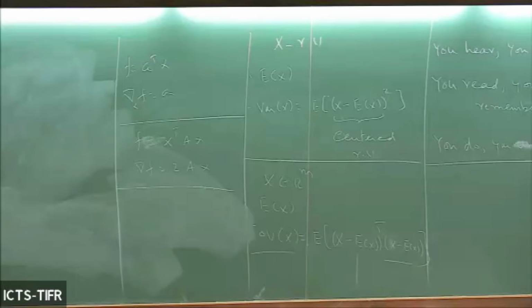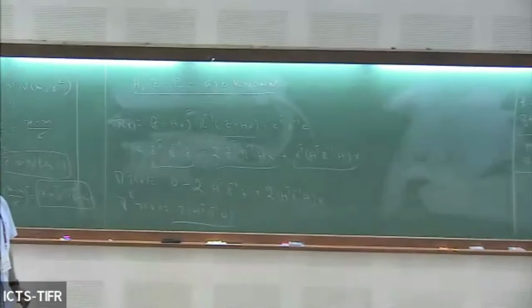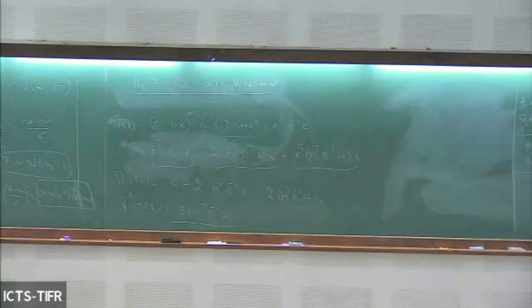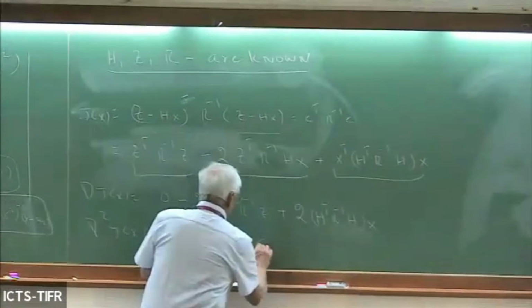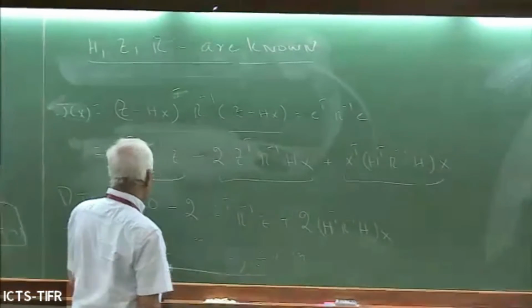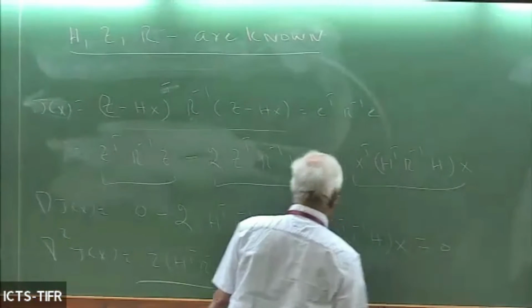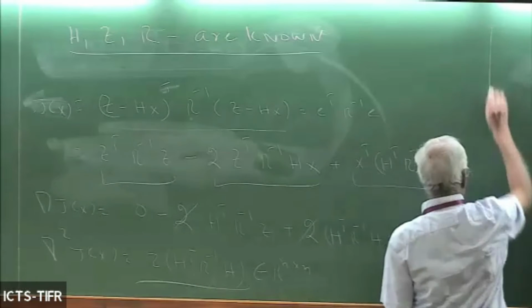So what is the Hessian for that? It is equal to 2 times H transpose R inverse H. H is m by n, so this matrix is an n by n matrix. Now I have to equate the gradient to 0. 2 gets cancelled. So what do I get?